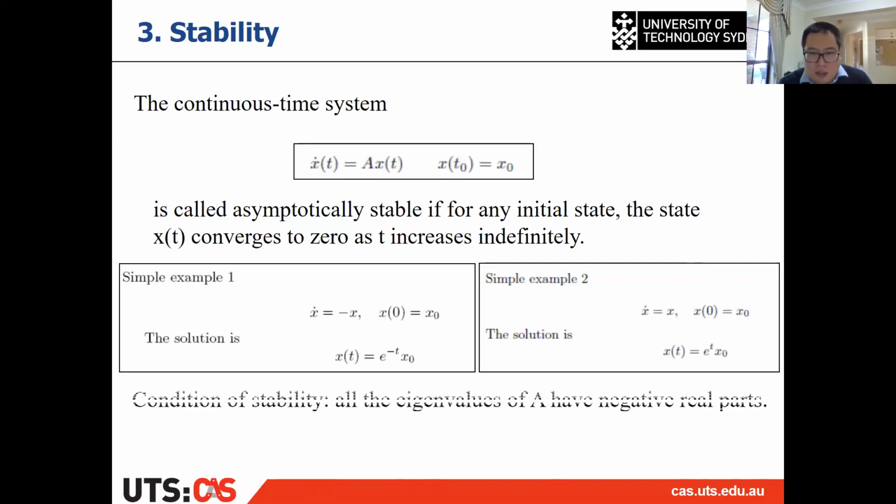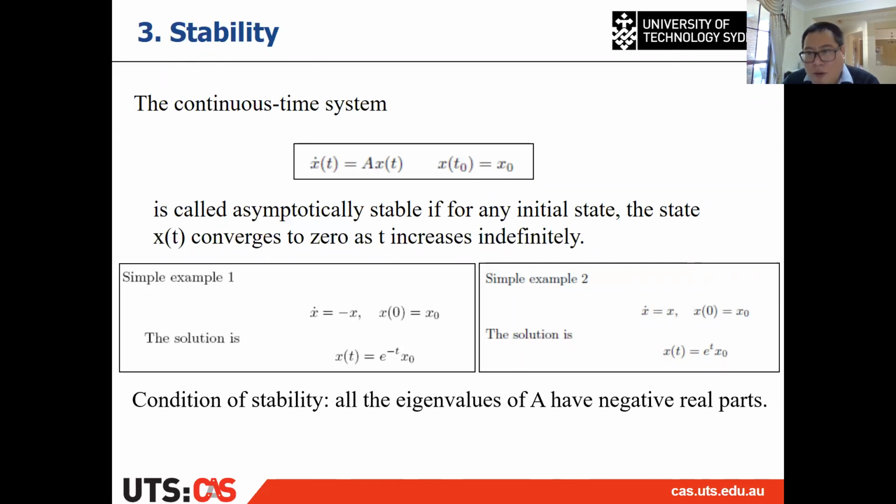So we have the criteria. The condition of stability for the continuous time system is that all the eigenvalues of A have negative real parts. Which means the stability of the continuous time system only depends on the matrix A. If you want to check the stability, the next step is to calculate all the eigenvalues of the matrix A. And if all the eigenvalues of matrix A are negative or have negative real parts, then the continuous system is stable.